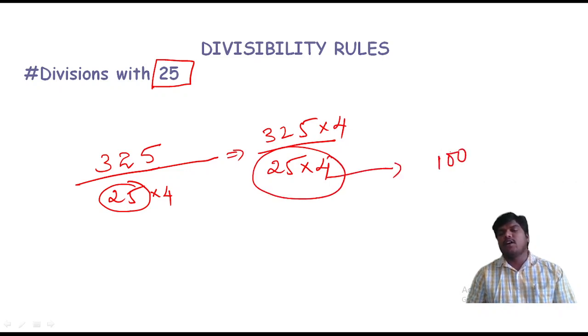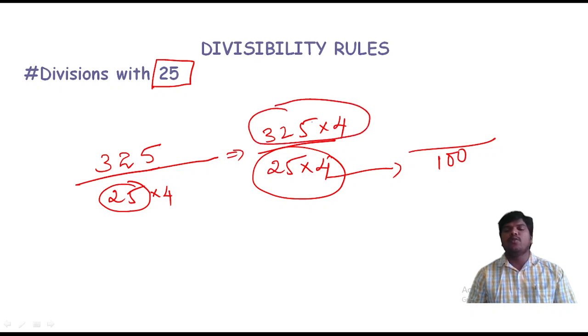And 325 into 4: 4 fives are 20, 2 carry, 4 twos are 8 plus 2 is 10, 1 carry, 0. 4 threes are 12 plus 1, 13. How many zeros are there? 2 zeros, so simply put the decimal after 2 digits. So 13 is the answer. This is the way.